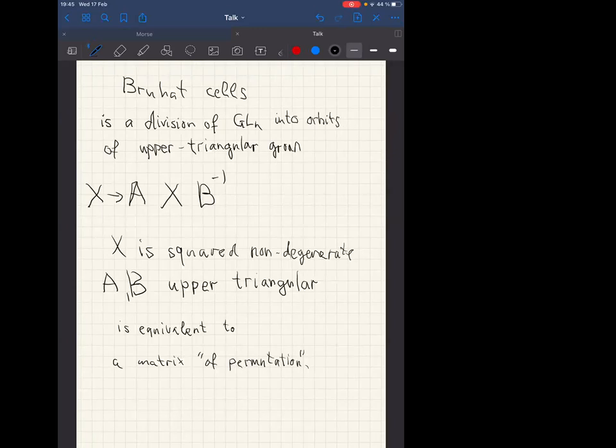It's a division of GL_N into orbits of the upper triangular group, where A and B are upper triangular matrices. Then an easy theorem claims that each orbit contains one matrix of permutation type, such a matrix that in each row and each column there is exactly one unity and all others are zero.